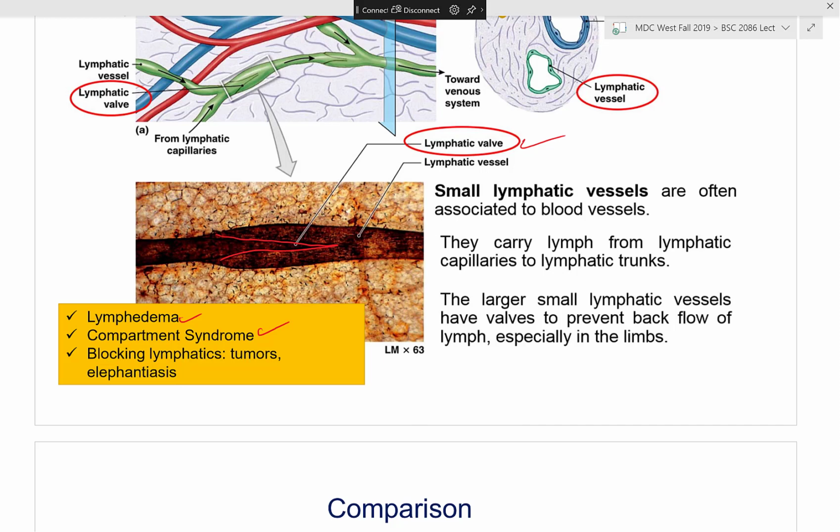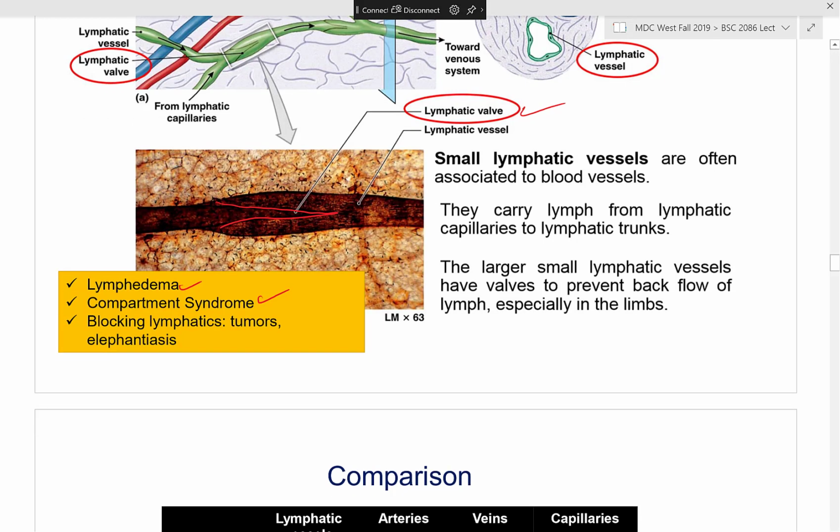It compartments a portion of your body by compressing the nerve and everything else in it because of an increase of interstitial fluid that is not returned back to the heart due to lymphatic vessel abnormalities. You also have something which is blocking the lymphatics.